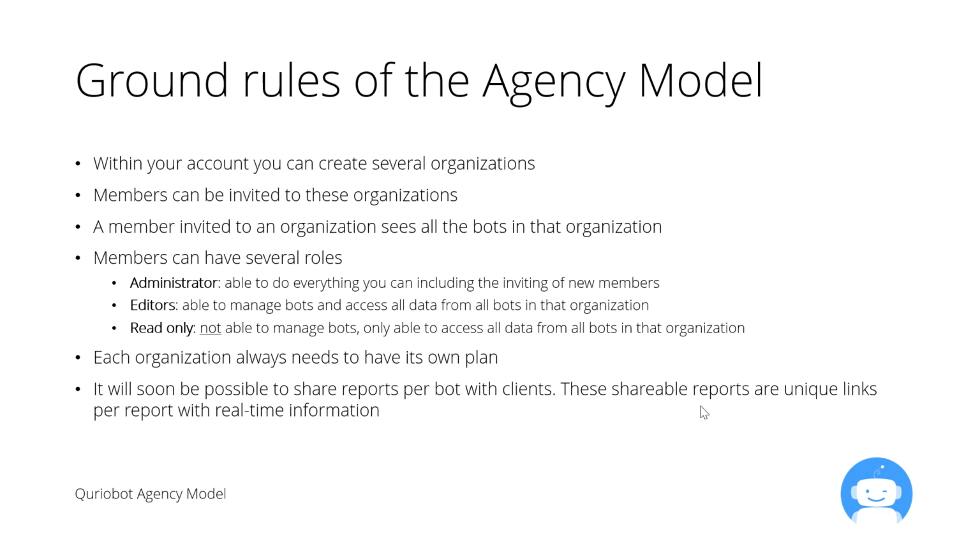So as said before, if you don't want people to see other bots within your organization, you will soon be able to send them shared reports. And the people that you do invite to an organization can have different kinds of roles, being an administrator, an editor, or read-only access. And as I've mentioned before, each organization will always need to have its own plan.